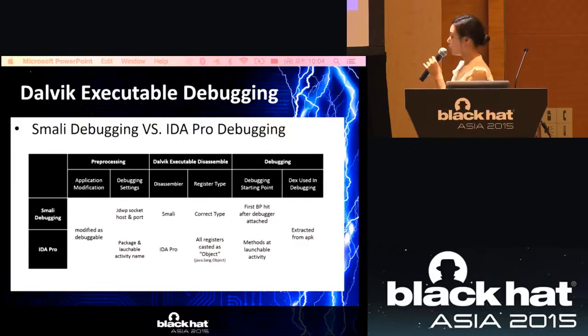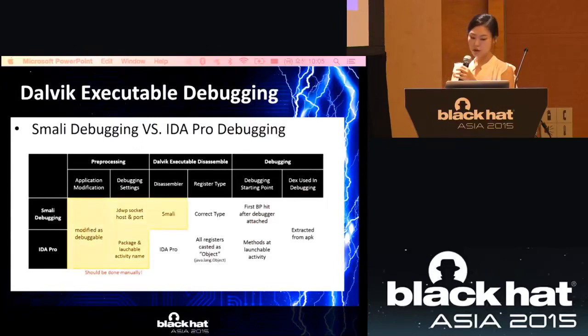In the case of IDA Pro, it requires package and launchable activity names. For DABiD disassembly, in the case of Smali debugging, the APK file needs to be disassembled using APK tool to get Smali code. In the case of IDA Pro, it has its own disassembler, so it does not need a manual code converting process.